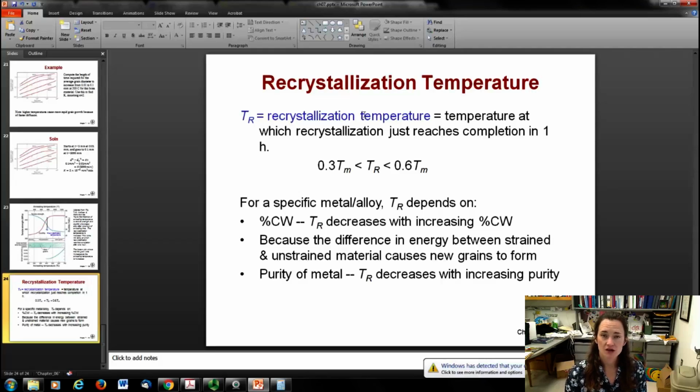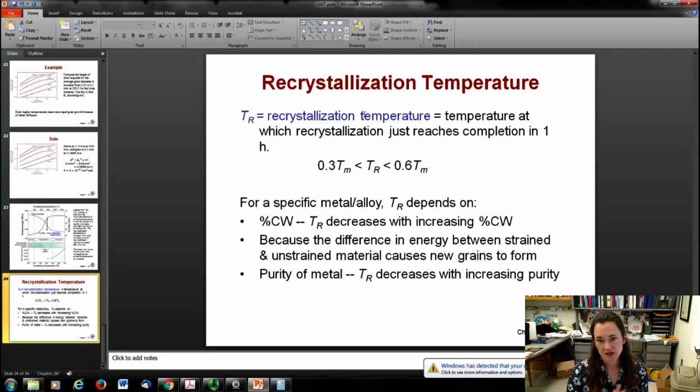So if you've done more cold work, you're going to have more dislocations and therefore more nucleation. And if you haven't done a lot of cold work, your dislocation density is going to be very low, and so new grains aren't going to nucleate there, okay? So your recrystallization temperature is going to decrease with increasing cold work because you've got more nucleation sites if you've done more cold work.